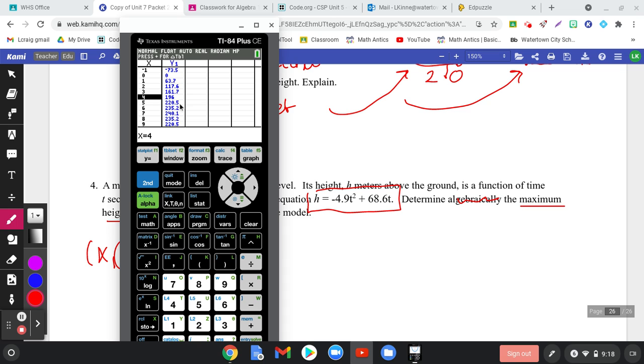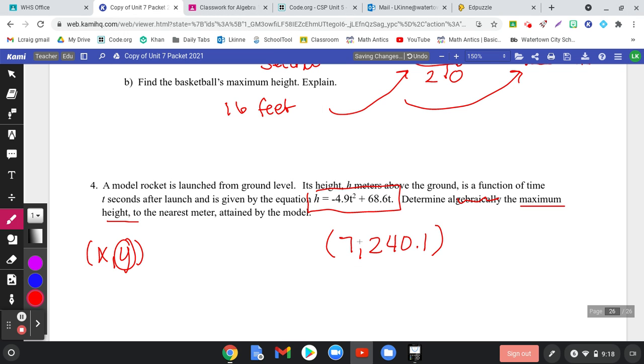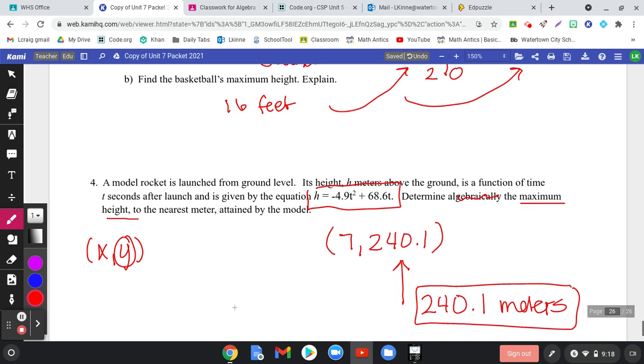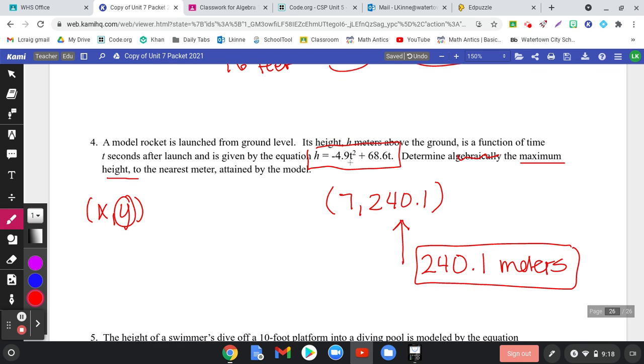Right here. 220, 220, 235, 235, 240.1. All right, that's straight from the table. So the maximum height that the rocket is going to reach is 240.1 meters in this case. And you get that by plugging 7 in for t.